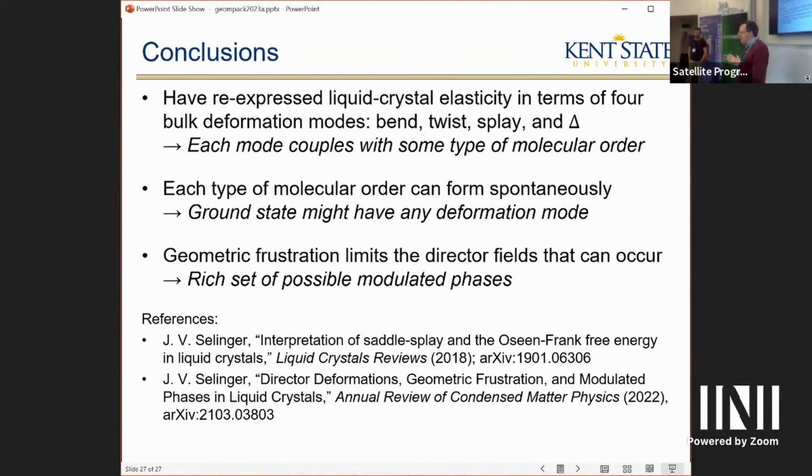It would be stabilized by more like this delta mode, right? The delta mode favors a difference of principal curvatures rather than a sum of principal curvatures. And yes, I absolutely think that sort of thing could stabilize the gyroid phase. Thank you.